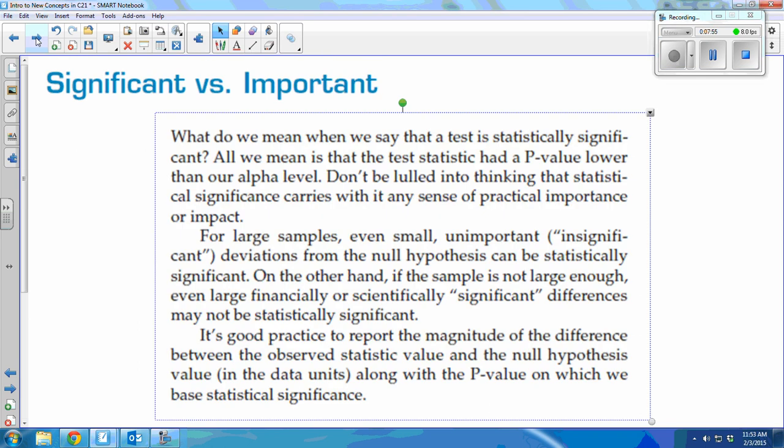Now, when we reject a null hypothesis, then we say it's statistically significant results. All right, if you've ever seen that, or if we've talked about it in class. So if you reject a null hypothesis, that means it's statistically significant. But just because something is statistically significant does not mean that it's important. Okay?